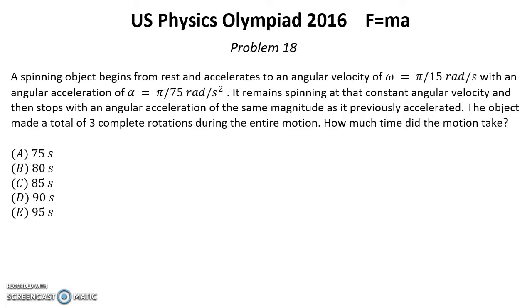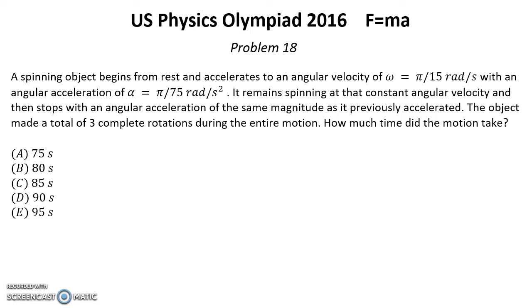Problem number 18. A spinning object begins from rest and accelerates to an angular velocity of omega equal to pi over 15 radians per second, with an angular acceleration of alpha equal to pi over 75 radians per second squared.